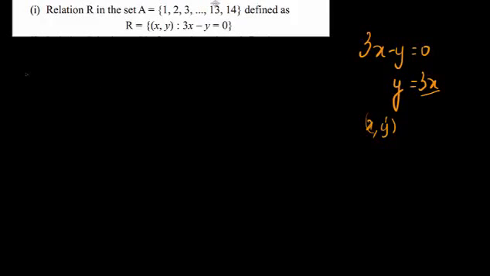Okay, for reflexivity, it is very easy to prove that this particular relation is not reflexive, because (1, 1) will not belong to R. It simply means that the second element, which is 1 itself, is not 3 times the first element, which is again 1.